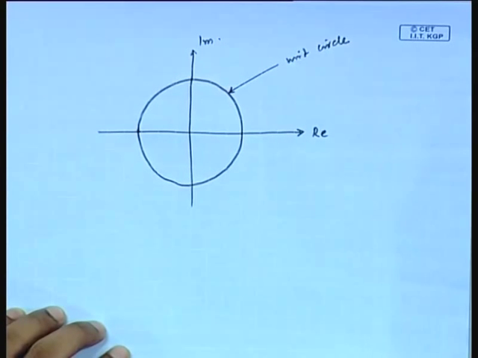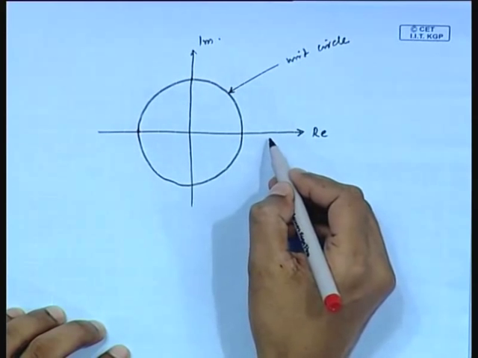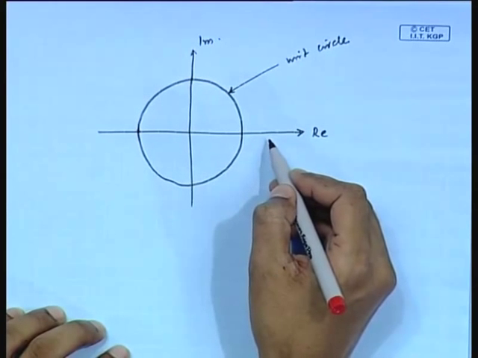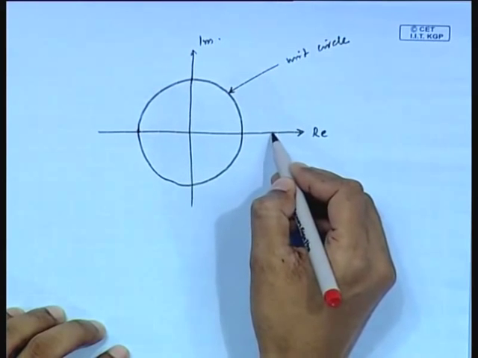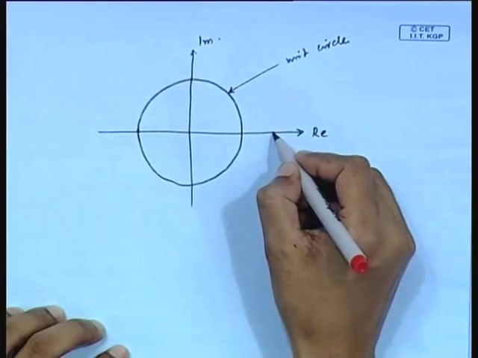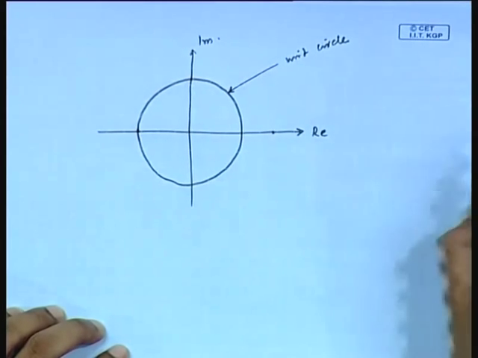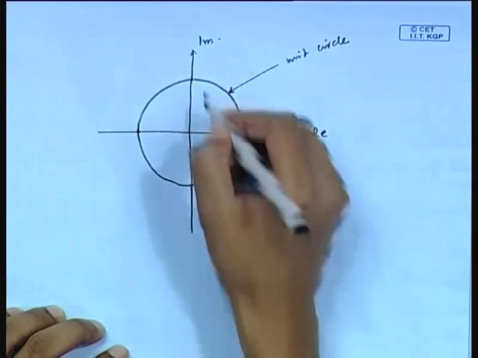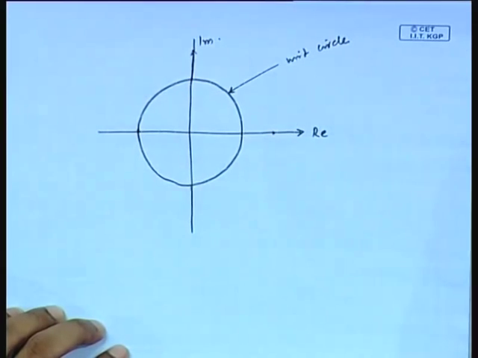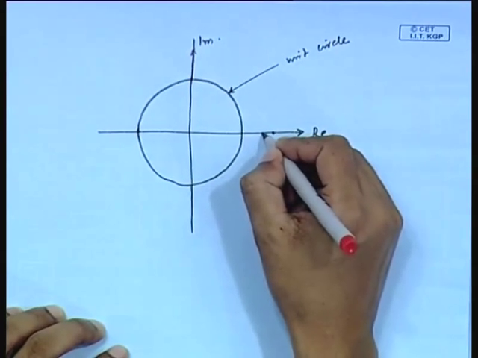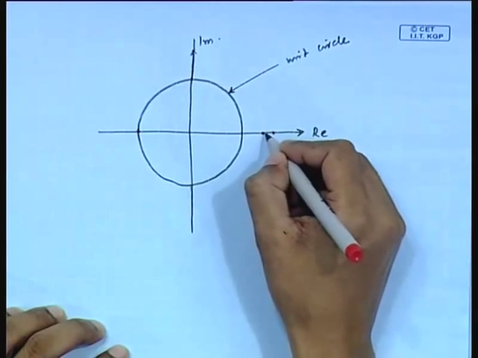If we consider Kc equal to 2, then 0.8 multiplied by 2 is 1.6. So it will be like this. The polar plot will be, suppose this is indicating 1.6.